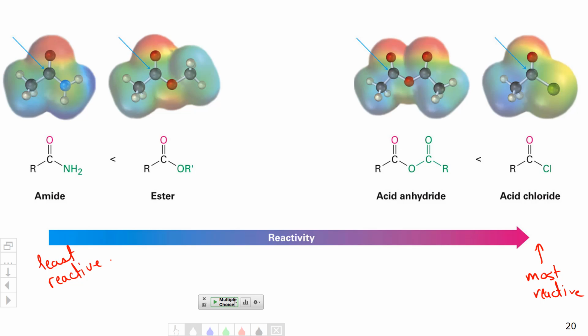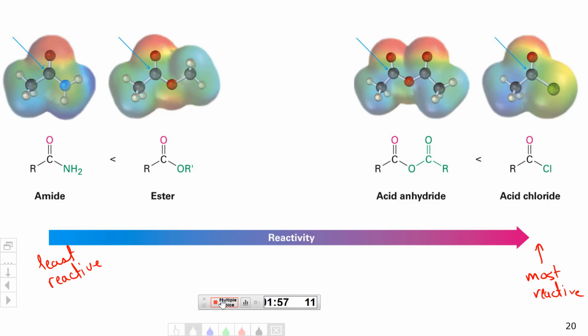So according to this chart, acid chlorides are more reactive than acid anhydrides, than esters, than amides. And the question is, how would you explain this fact? So stop the video, think about the factors that make acid chlorides always more reactive than acid anhydrides, esters, and amides.